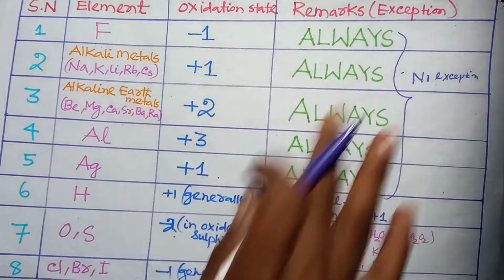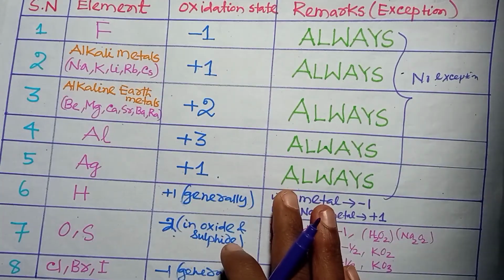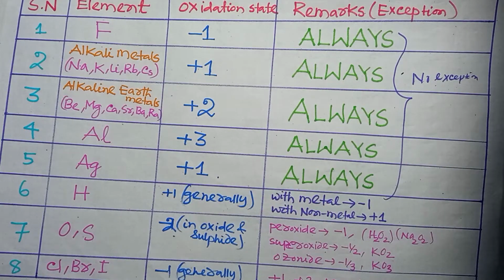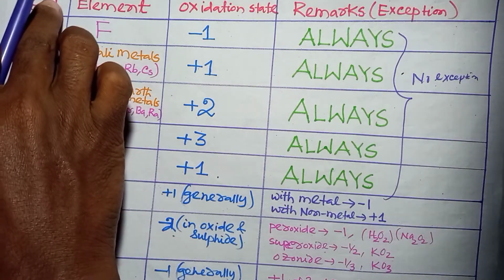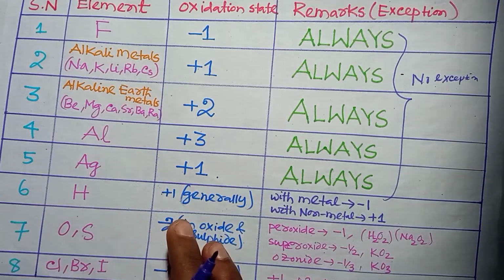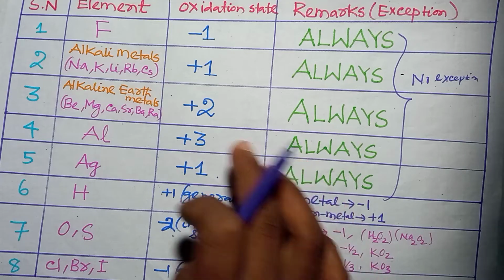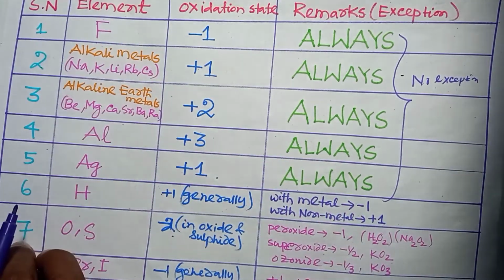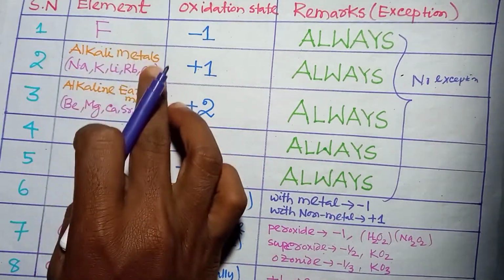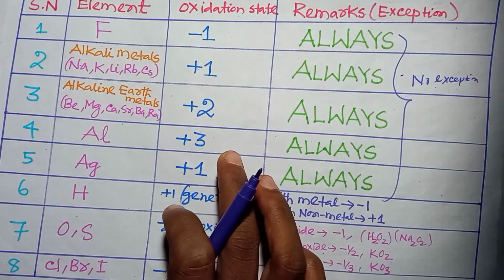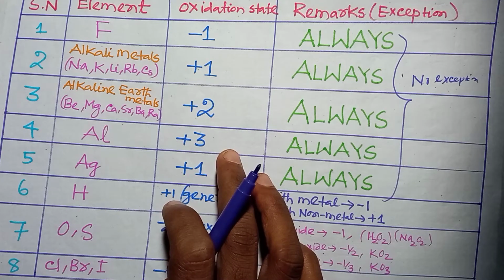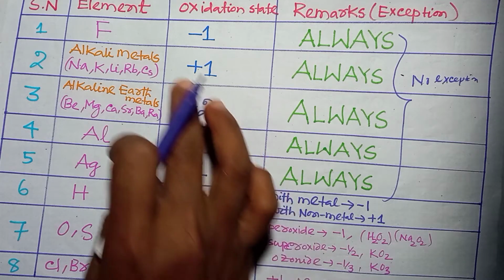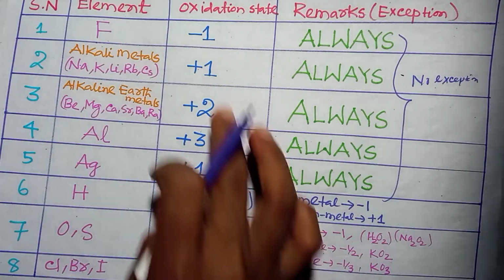So this is the overall priority table, and this is the priority order. We have to assign the oxidation number to these elements in this order. First of all we have to find fluorine. If we get fluorine, then immediately we assign it -1.